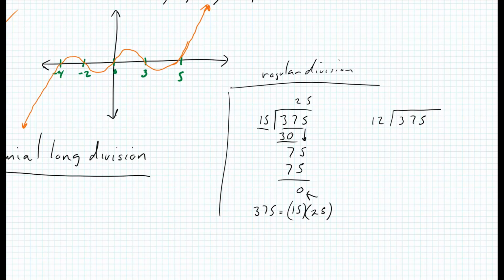Well, it doesn't give quite the same information. It doesn't show that I can break 375 up into a product of two pieces, but it's close. So let's see. If I multiply 12 by 3, I get 36. I get 1, 5. So 3, 1, 12, and I get 3 there.